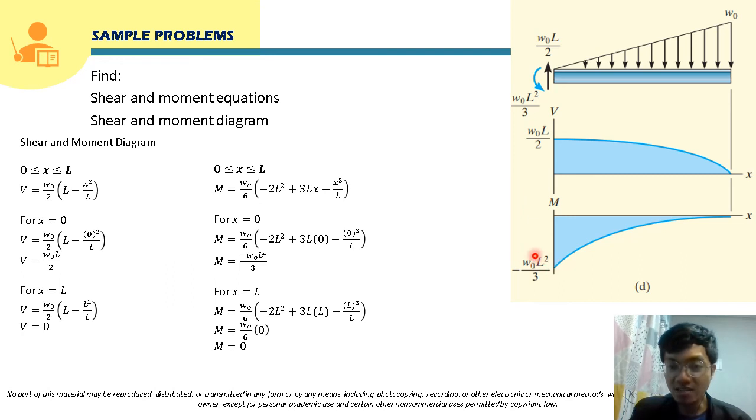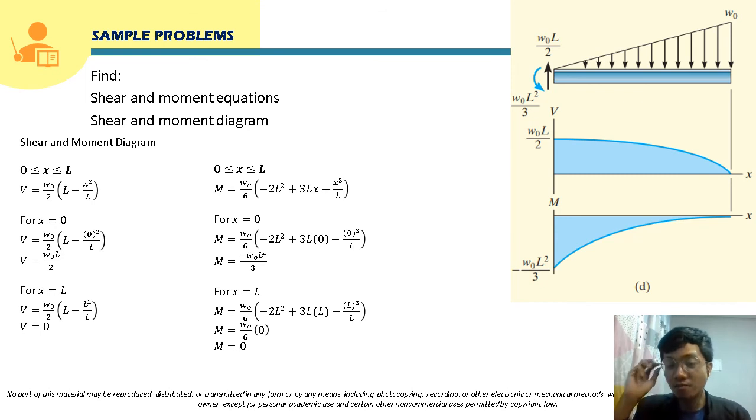Again, class, this value of moment will just be equal to the moment reaction at this point, which is w sub o L squared over 3 counterclockwise. Counterclockwise, class. So this moment will cause this segment of the beam to be bent concave upward, right?